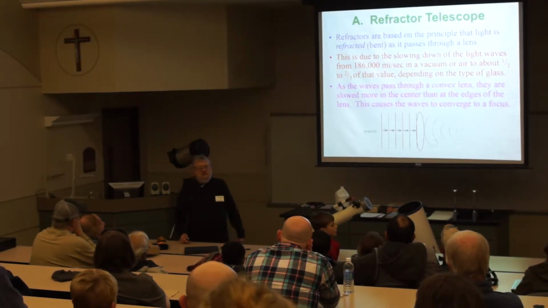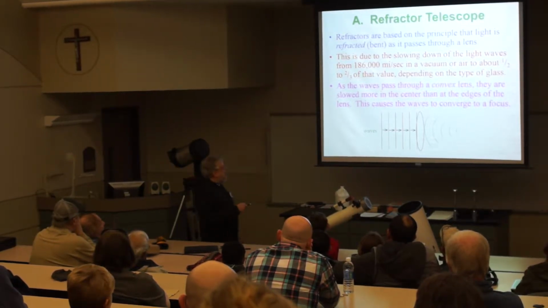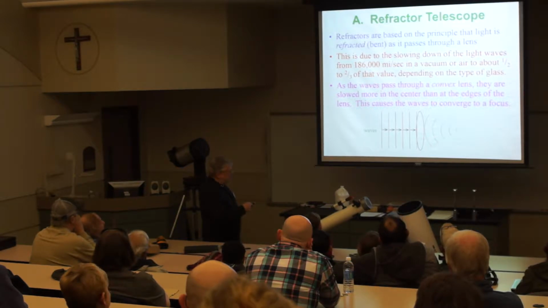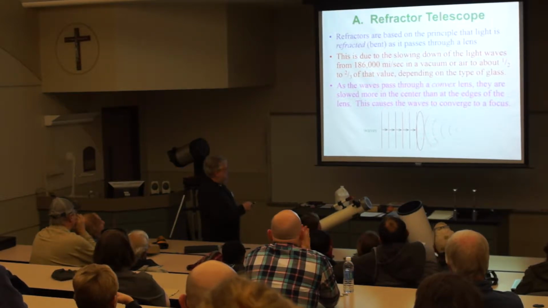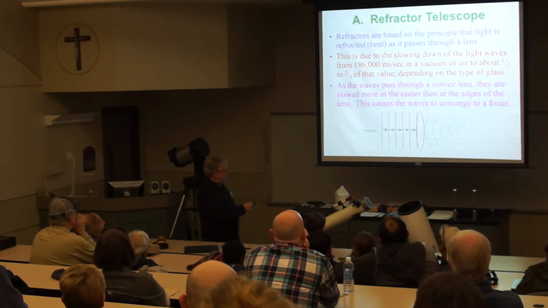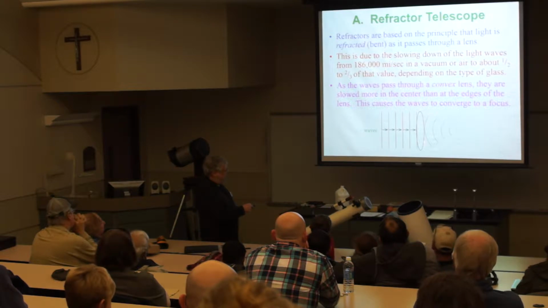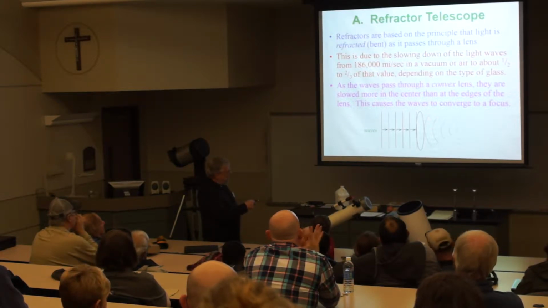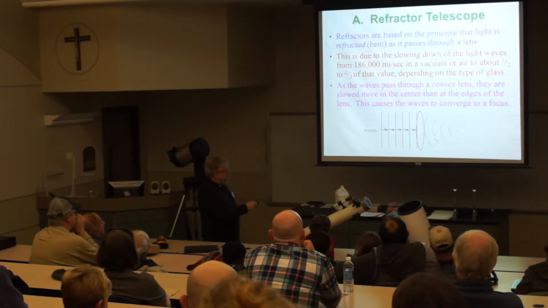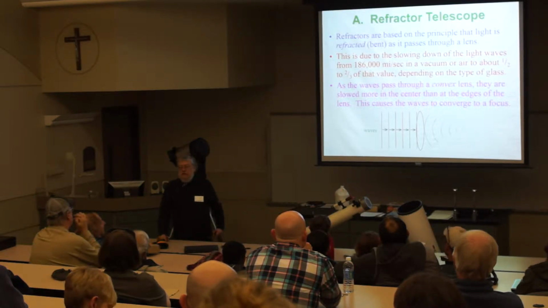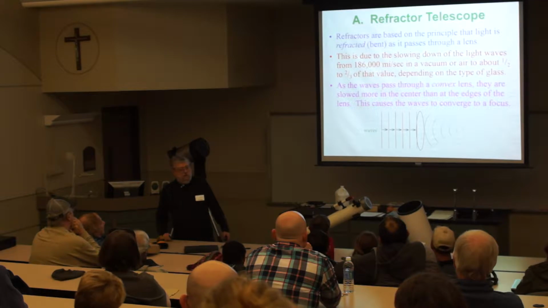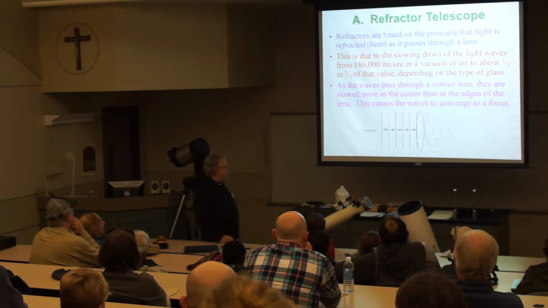As we start slogging through that, the ones that are moving through the center, where it's thicker, are going to be slowed down more than the ones that just have to cut through the outer edge, and that will cause them to lag behind the others. And if you're still holding hands, we'll have a curved line now. And if we keep all running straight ahead, we'll eventually pile up in one spot, which is analogous to the focal point of the lens as the waves pass through it.